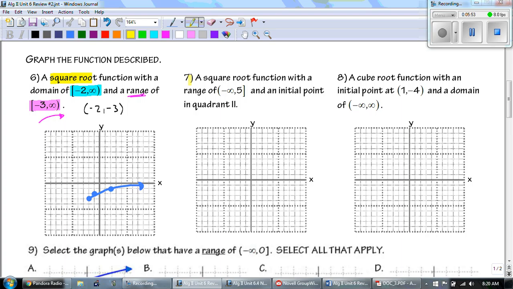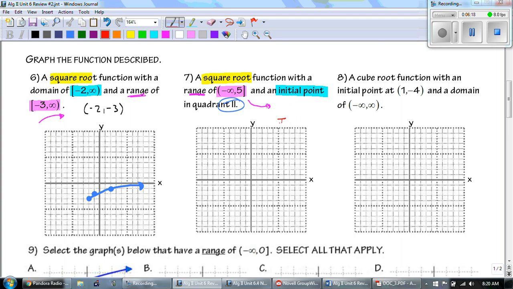Okay, so number 7, a square root function with a range, so they're telling me the range of -infinity to 5. So that tells me that it's going down, and an initial point, so they're not telling me where it is, but it's in quadrant 2.